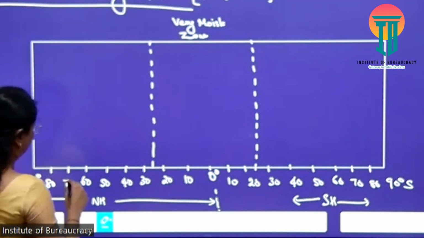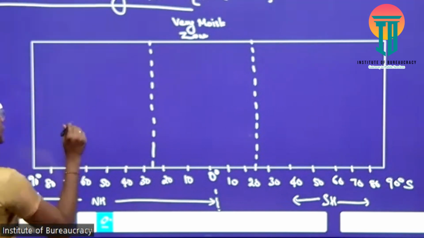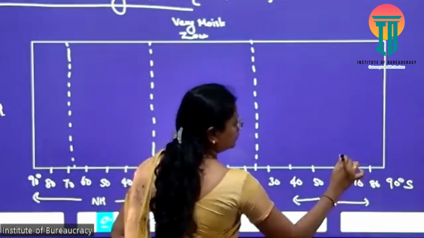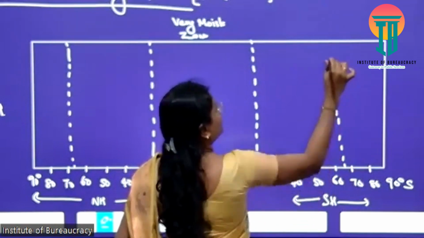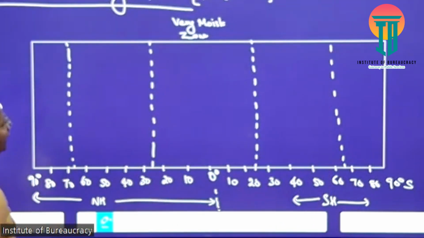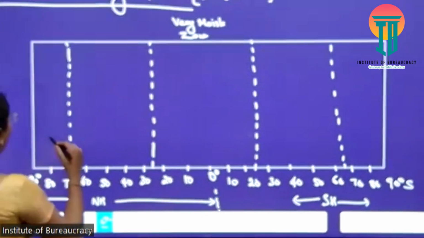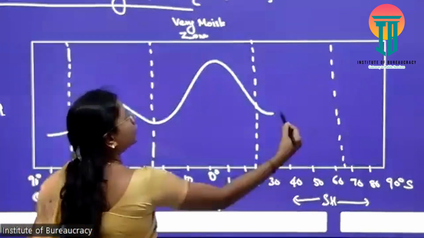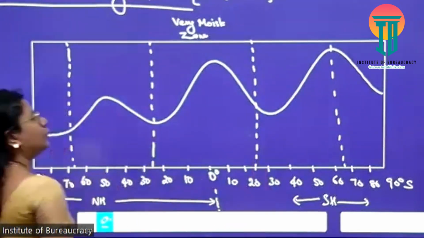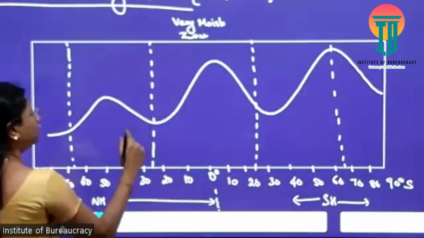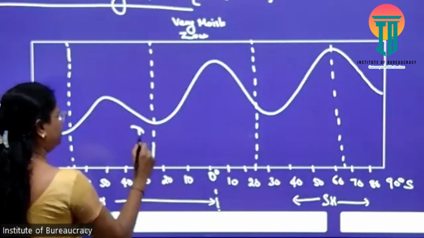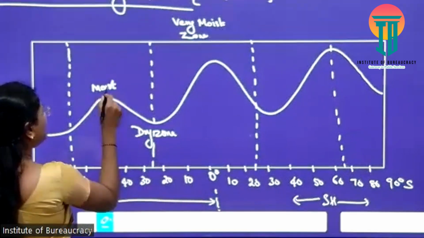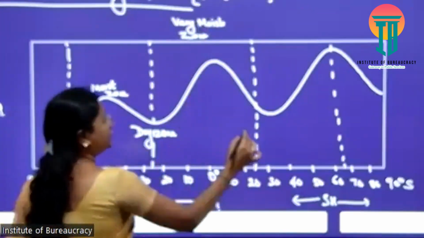The next, up to 66.5. Here we can find that the moisture holding capacity increases. The meaning is there is a dry zone that is very much low, and a moist zone. And this is very much moist.